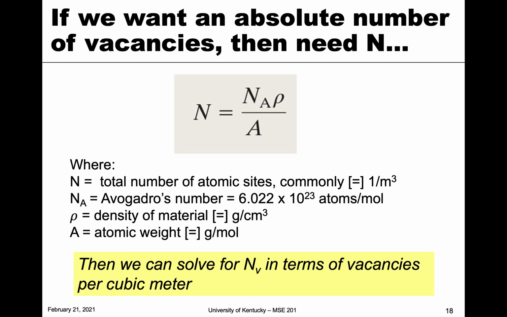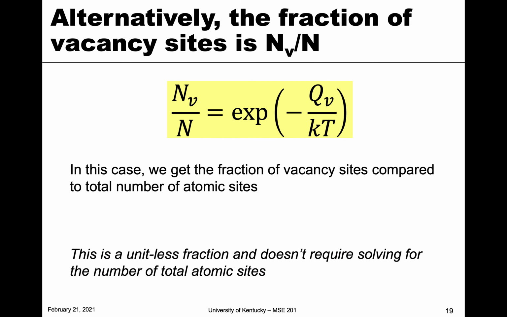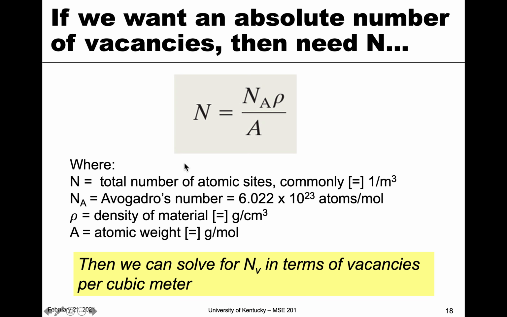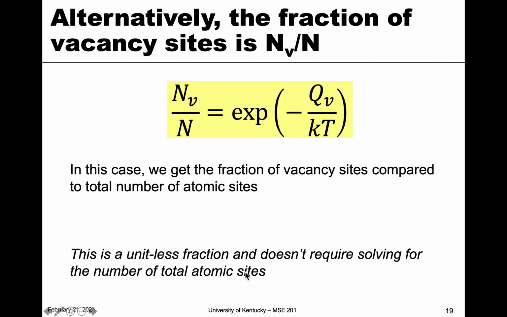However, instead of trying to solve for the absolute number of vacancies per volume, we can also solve for the fraction. So if we move that to the left side of the equation, we see that we have number of vacancies per volume over number of total sites per volume.